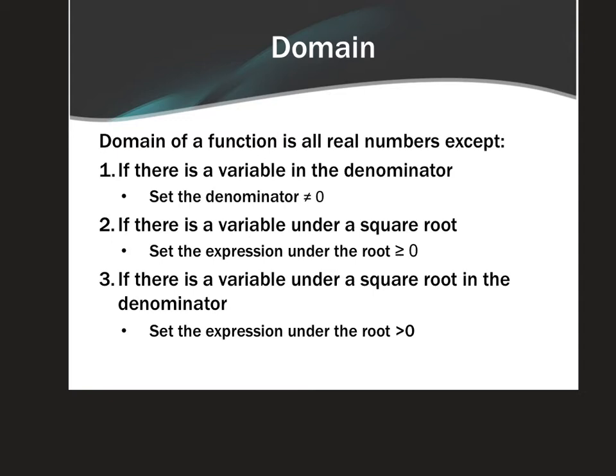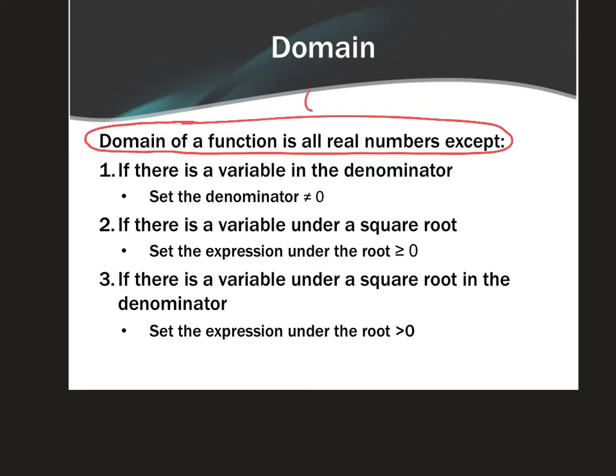So the 3 restrictions are what you need to pay attention to. The domain of every function is all real numbers, meaning if I was to write that in interval notation, it would be negative infinity to positive infinity. You're going to be asked to use interval notation on your web assignment and on any quiz. But there are 3 things that you have to pay attention to.